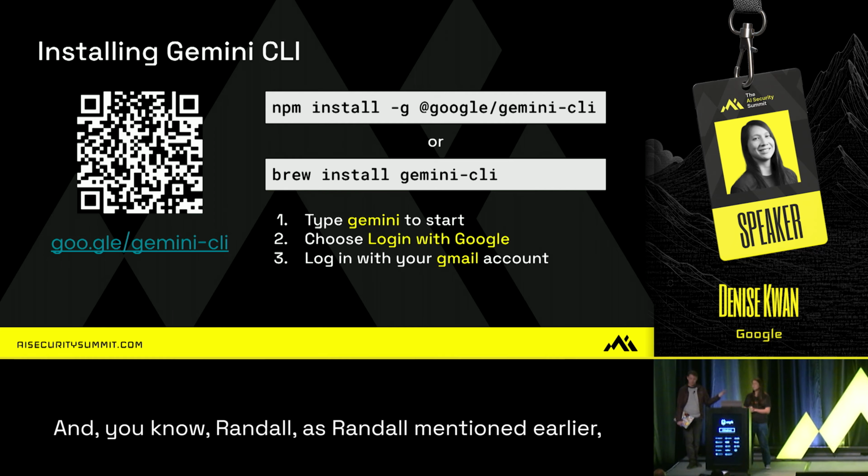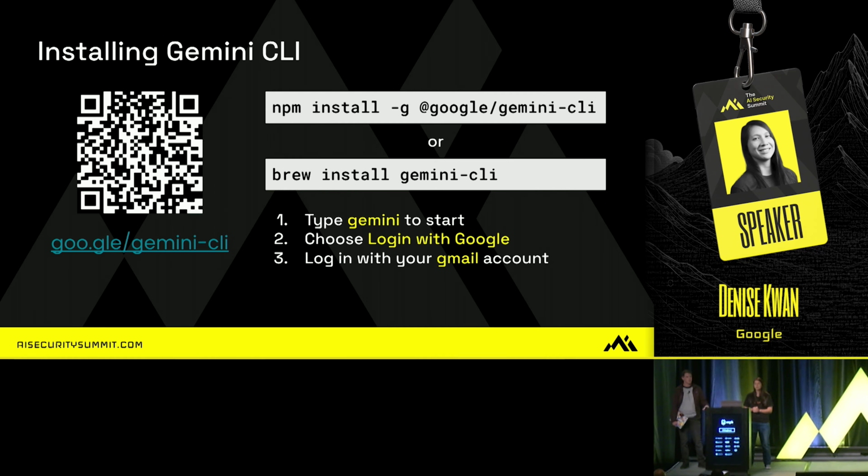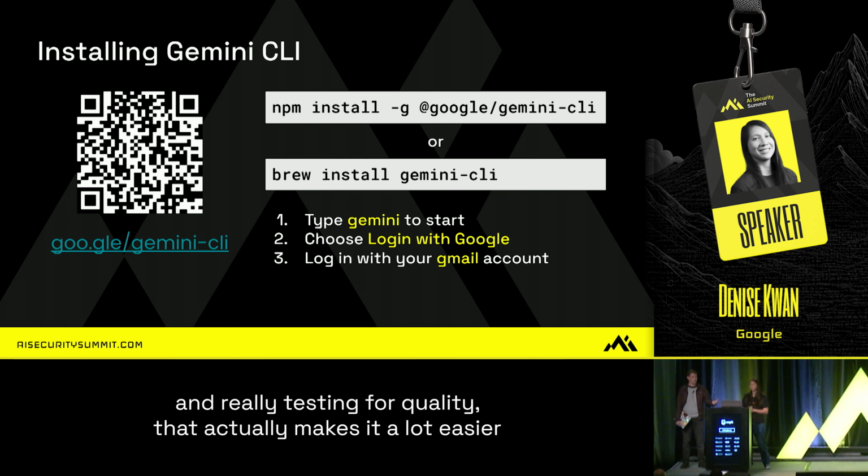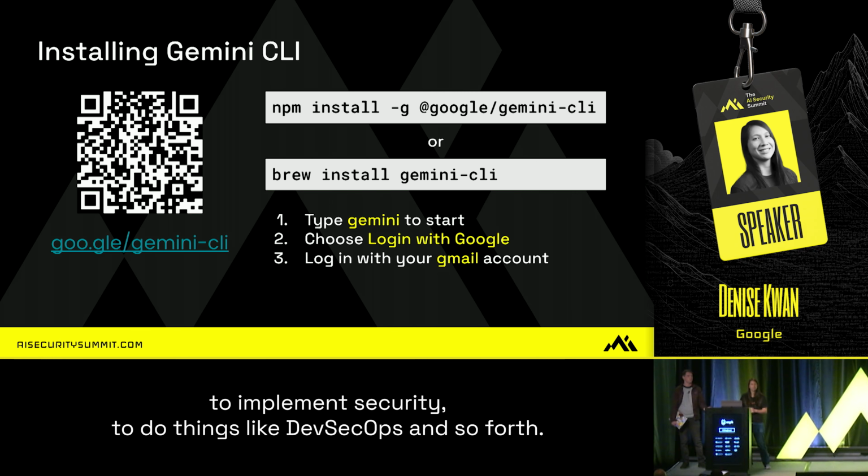As Randall mentioned earlier, security is a part of software quality. Likewise, something we've seen at Google in DORA, DevOps Research and Assessment, is that software quality also has a big impact on security. When you're doing smaller changes and really testing for quality, that makes it a lot easier to implement security, to do things like DevSecOps and so forth.